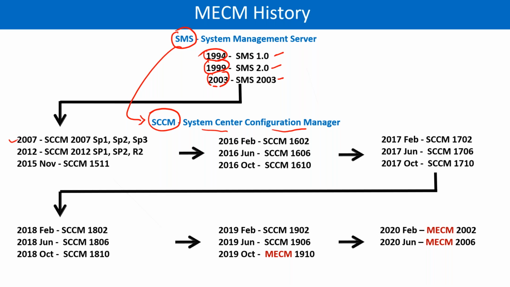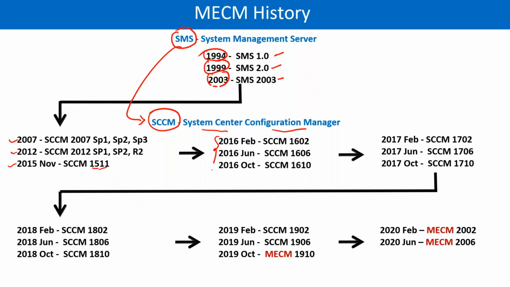They released SCCM 2007 in the year 2007, then 2012, then 1511. Now they changed from the old naming convention to year and month: 15 is the year and 11 is the month.